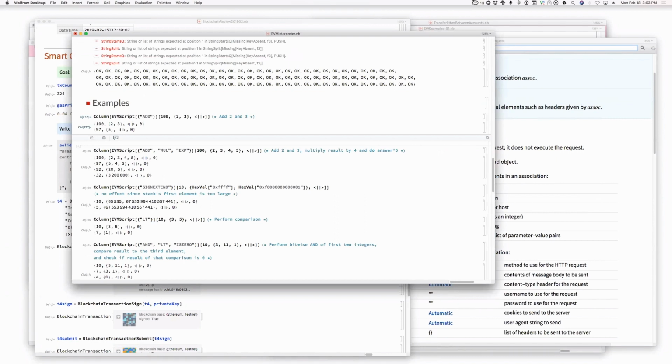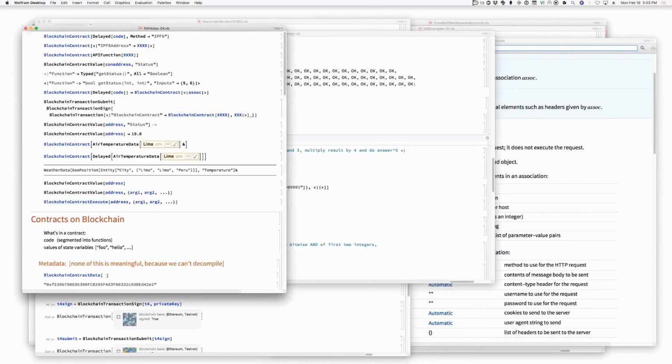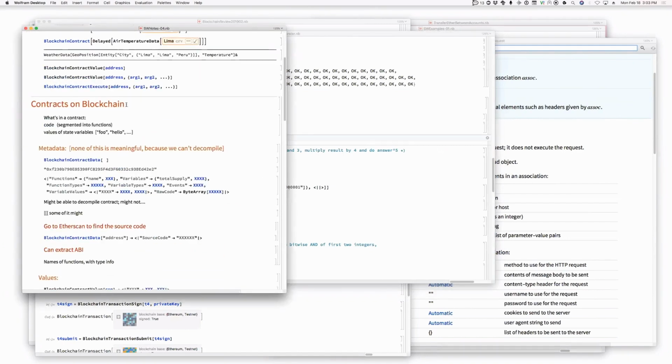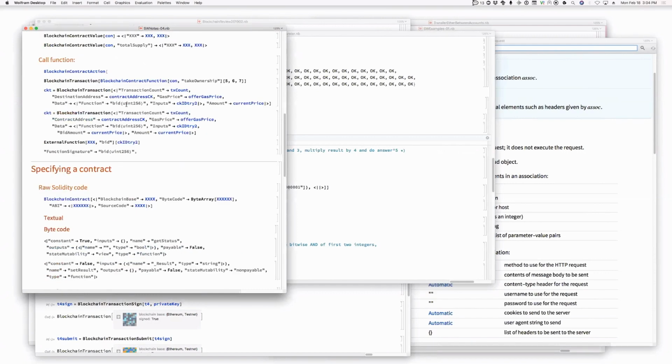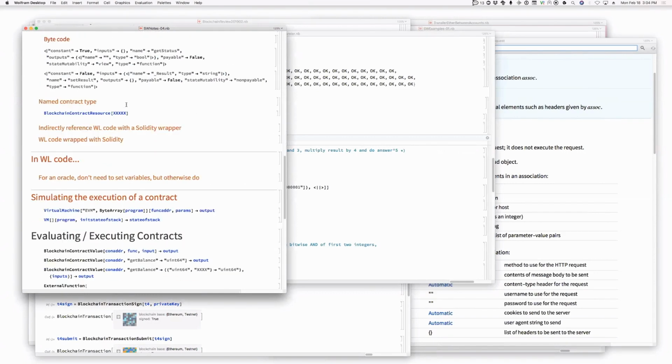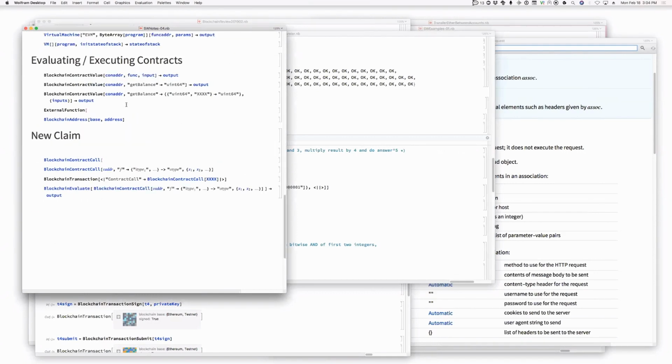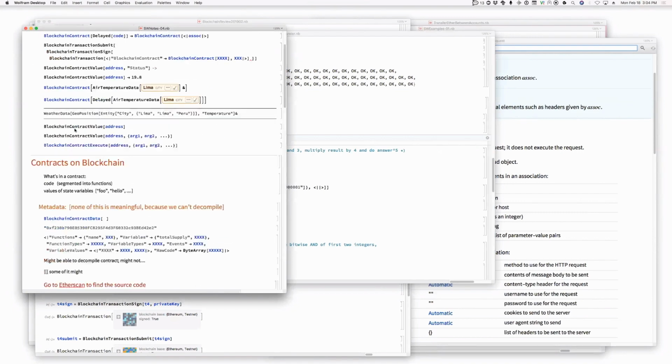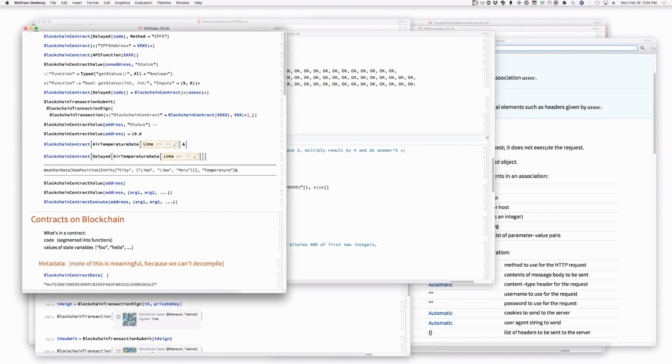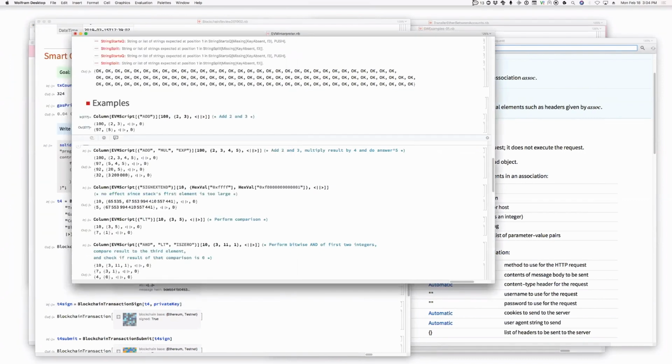Let's try this. Okay, that's an old thing here. That was an old version. I don't know when that's from. That's a different thing again.